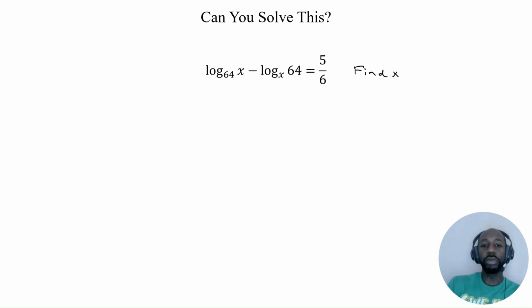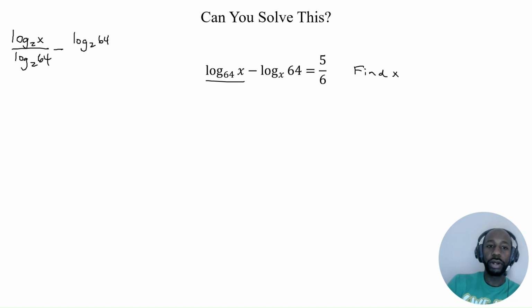I wanted to change the base to 2 because I know 2 is a multiple of 64. So log base 2 of x over log base 2 of 64. That's another way of writing this first one here. And then that's going to be minus log base 2 of 64 over log base 2 of x equals 5/6.